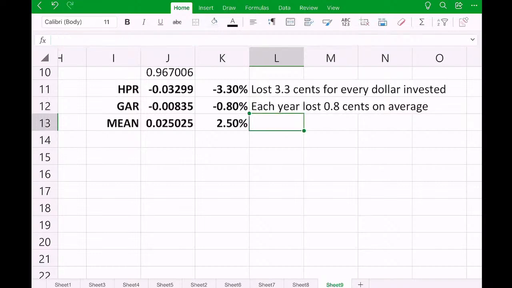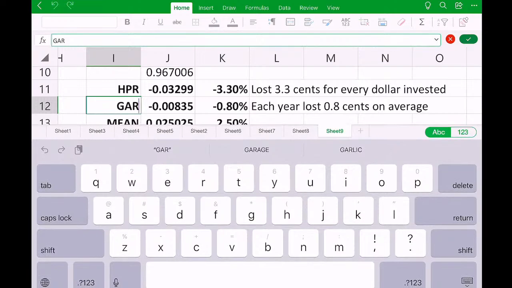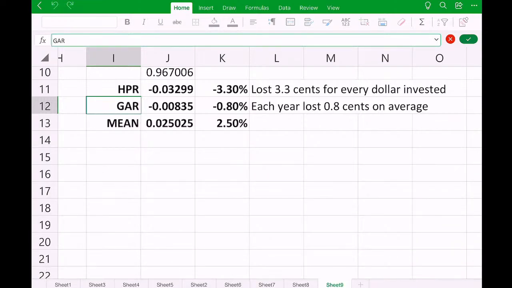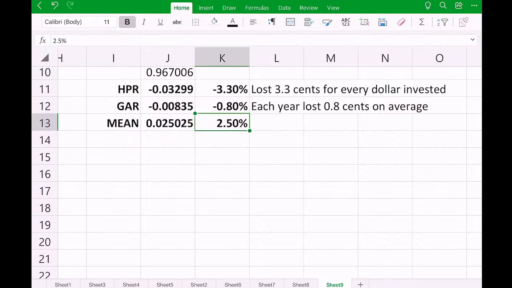And then, so which one is better, right? It's clear that the GAR better reflects what's happening than the mean. It looks like it's a positive on average every year. That's not right.